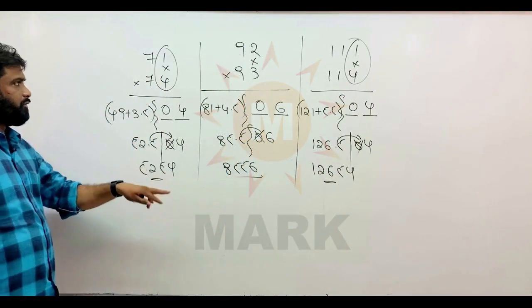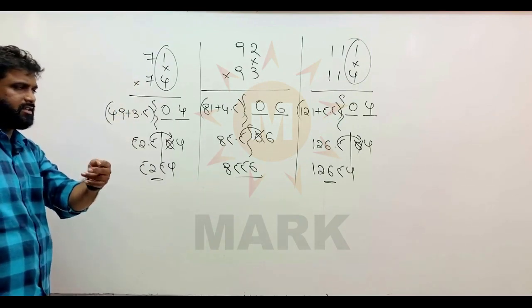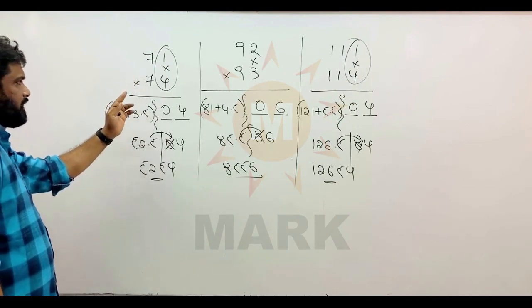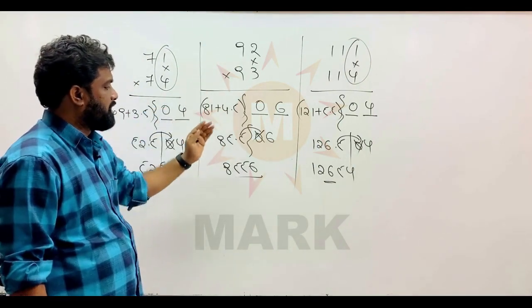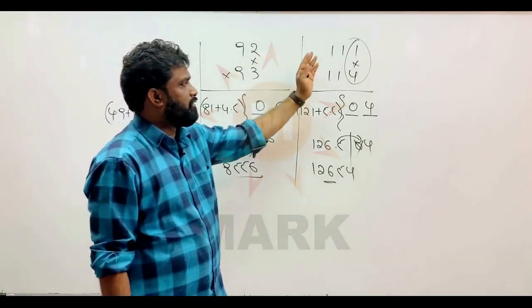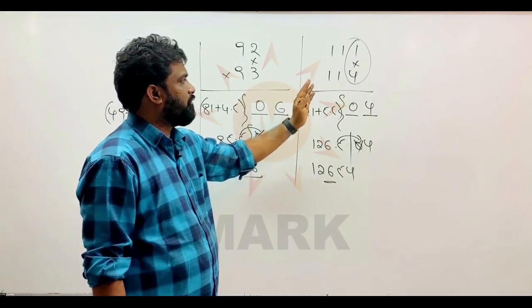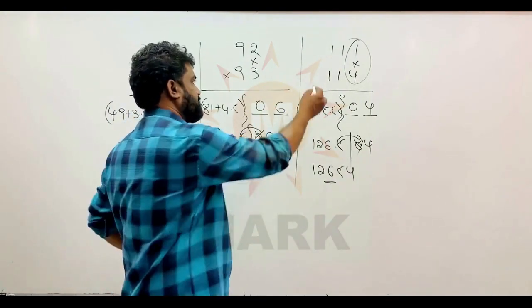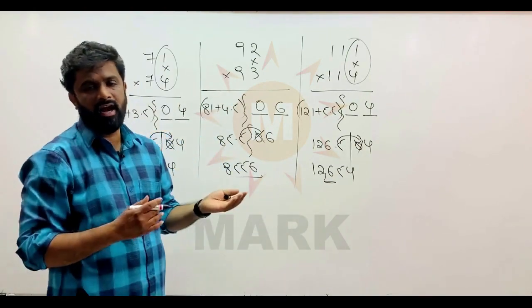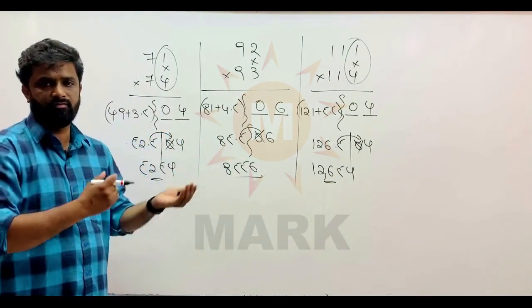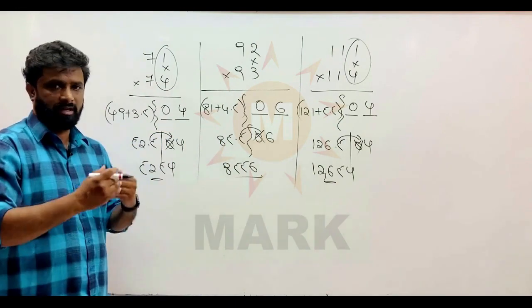Okay, so you can check in the calculator. 71 into 74 will give 5254. 92 into 93 will give 8556. And 111 into 114 will give a product of 12,654. So this is how we handle the multiplication. Two cases we have discussed, and in them subcategories are also there.